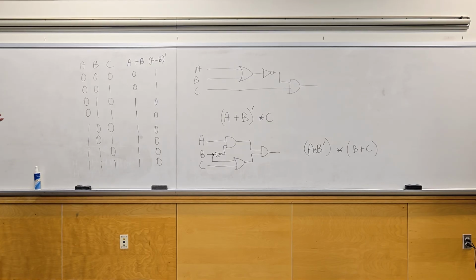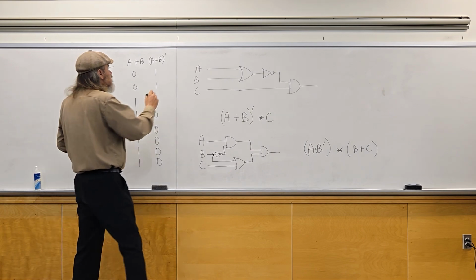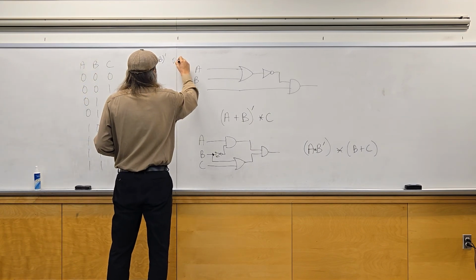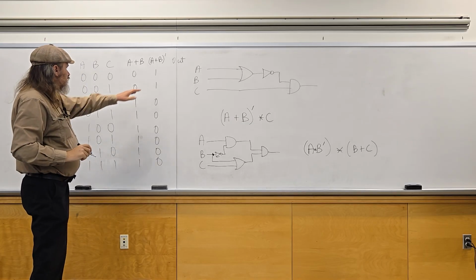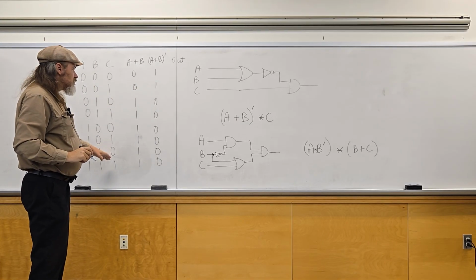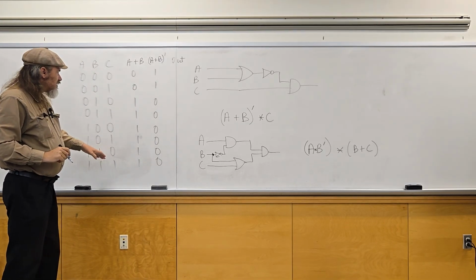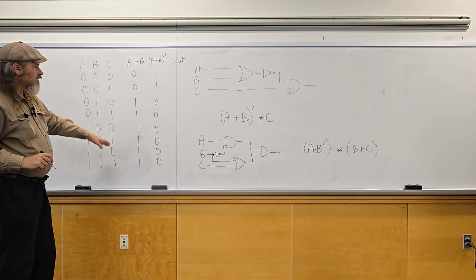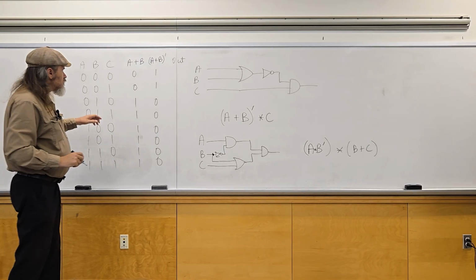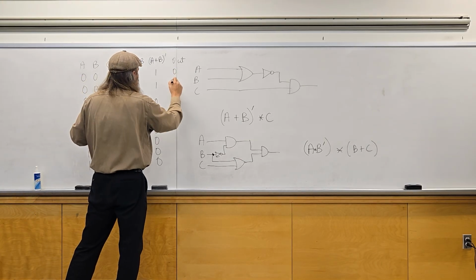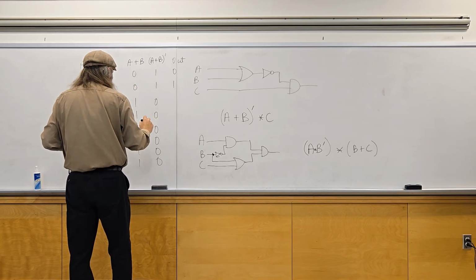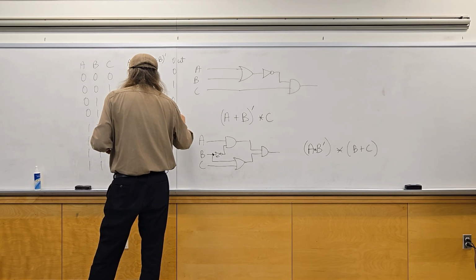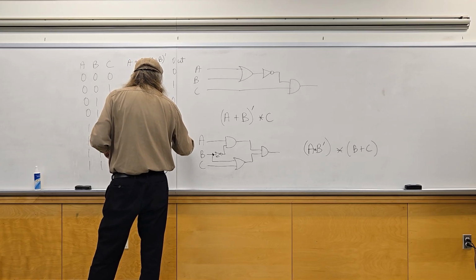I try not to, but it happens. And then the out is going to be this column ANDed with this column, the C column. So it's going to be 0, 1, 0, and 0 all the way down.